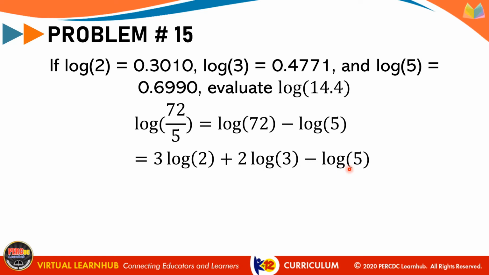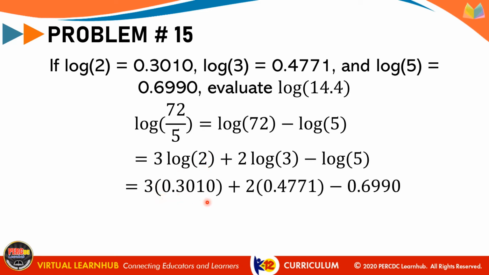We know that log of 2 equals 0.3010, log of 3 is equal to 0.4771, and log of 5 equals 0.6990. We substitute these values, giving us 3 times 0.3010 plus 2 times 0.4771 minus 0.6990.